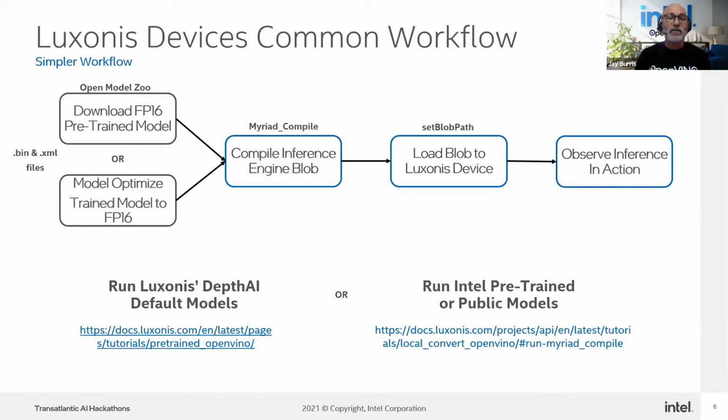Now, as a reminder, the workflow for Luxonis is a bit simpler because it's a very specific device, compared to using OpenVINO, which I'll show you next. But number one, you can use an Open Model Zoo model. You can download a pre-trained FP16 version.